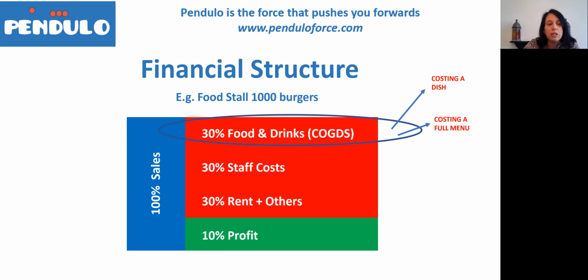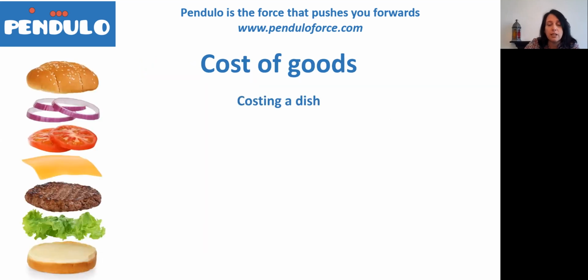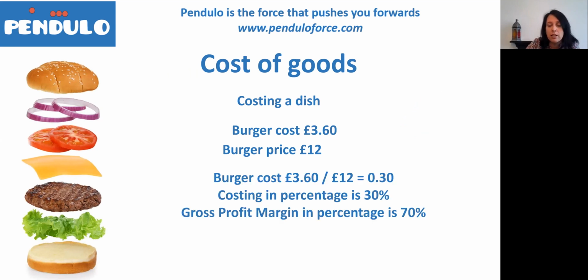But for now, let's imagine that we only sell one product, and that's the burger, and that we have done the costing of the dish, and it's 3.60. The burger price is £12. We will also see how to price our menu in a future video. So the cost of our burger in percentage is 30%.